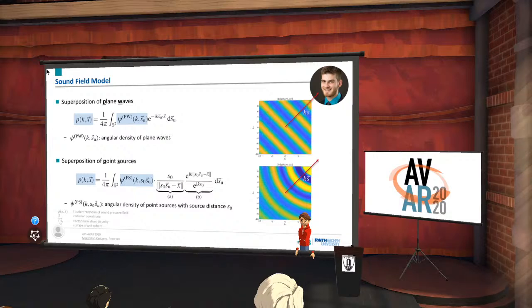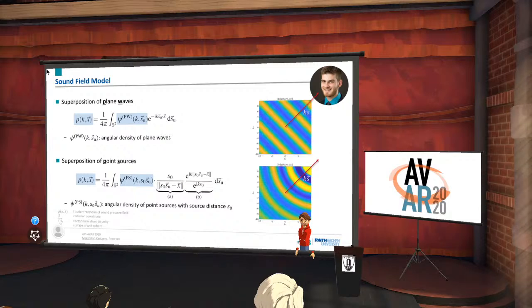Here P is a sound field, and P is complex since it is the Fourier transform of the signals, where the wave number k is proportional to frequency, and our generating function for the plane waves is the exponential term, which is multiplied with the function psi from all directions u, so that psi plane wave is the angular density of plane waves. And if we set this function to just a direct impulse from one direction, we would achieve the sound field shown on the top right.